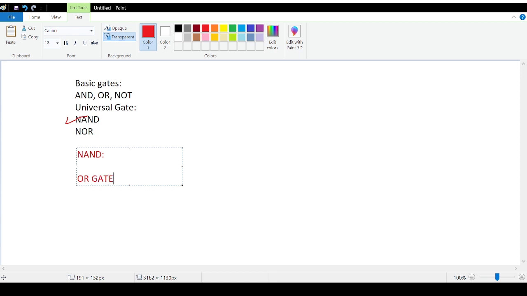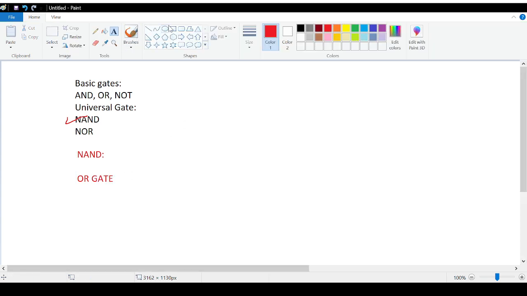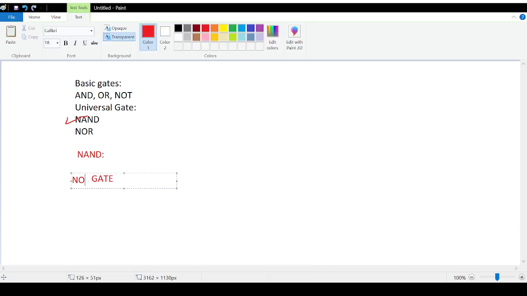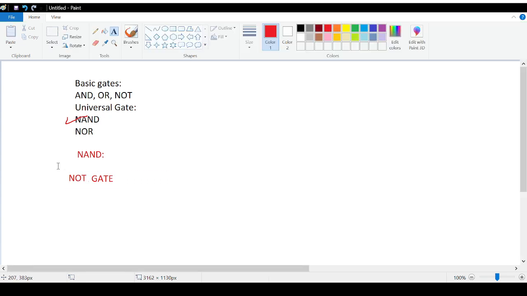Typically, how many inputs do OR gates have? Two inputs. Sorry, not OR gate. First we're going to learn NOT gate. How many inputs do NOT gates have?